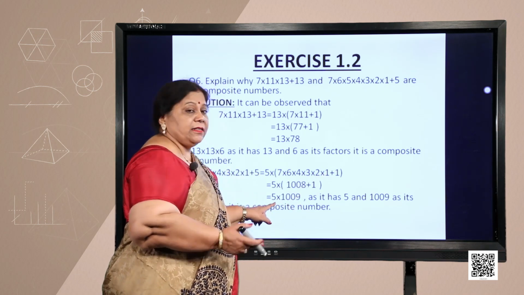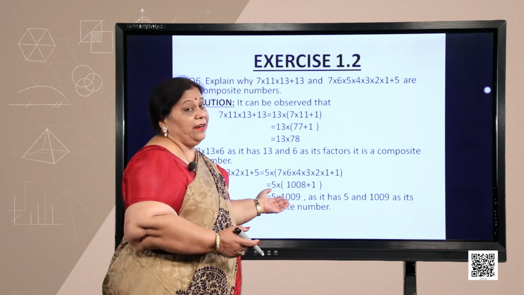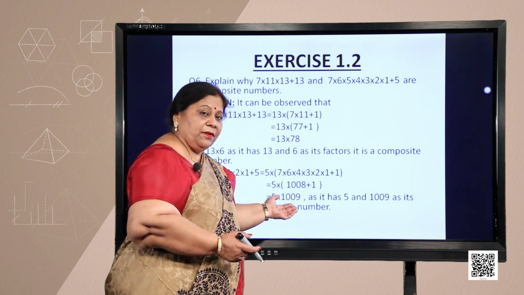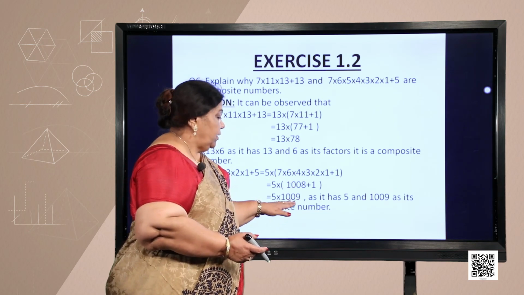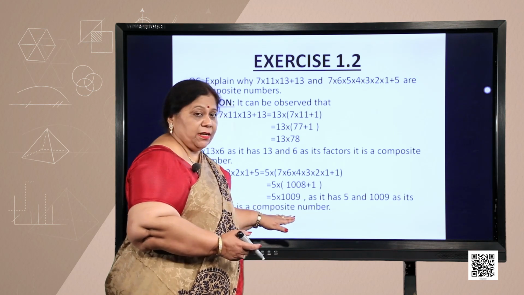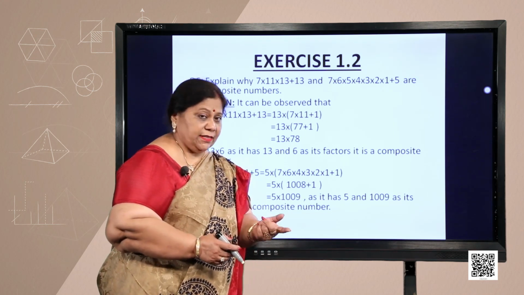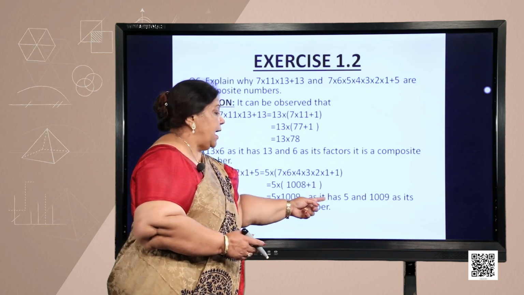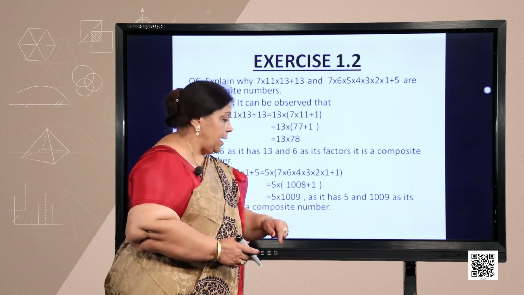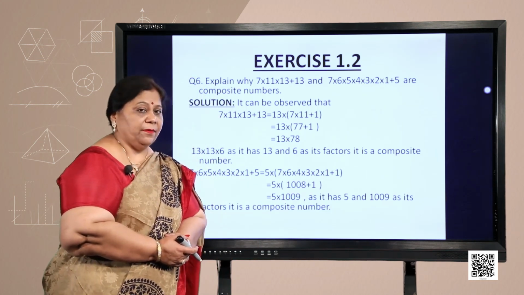So, the two factors are 5 and 1009, suggesting that it is a composite number, okay, because when the factors are more than 2, it is said to be a composite number. Only prime numbers have two factors, 1 and the number itself. So, 5 into 1009, as it has 5 and 1009 as its factors, it is a composite number.